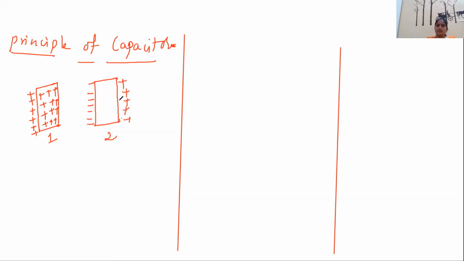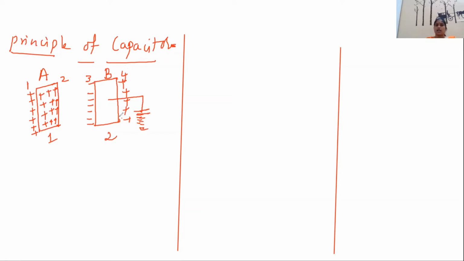So to balance it, what we do first is earth the plate which is on either end. So this is plate A, plate B. The plate which is being charged now by induction is being earthed. So we are connecting it to the earth. This is the symbol of the earth.